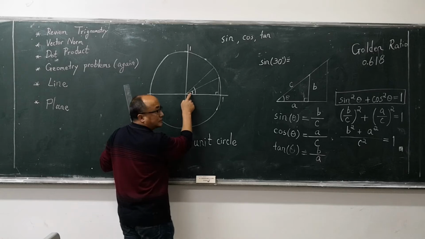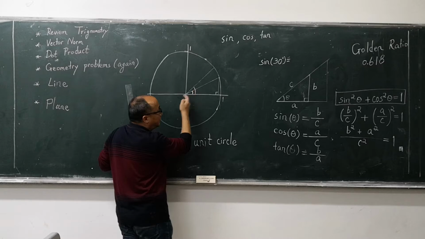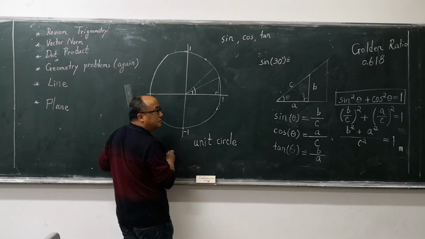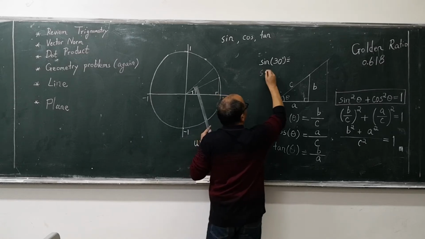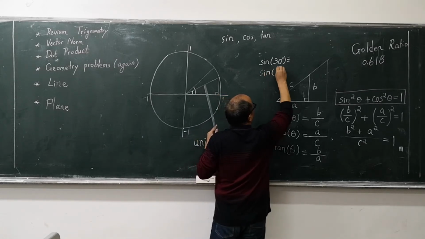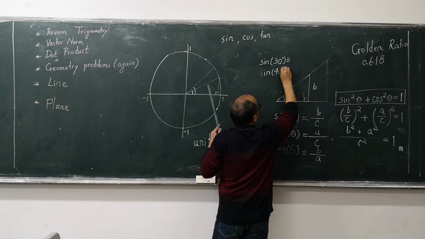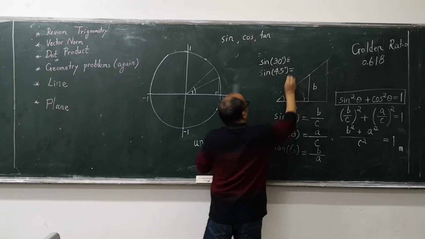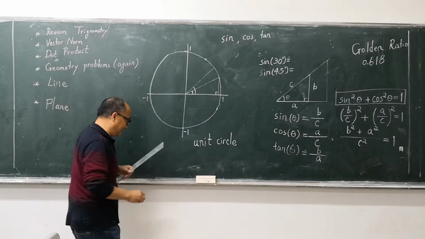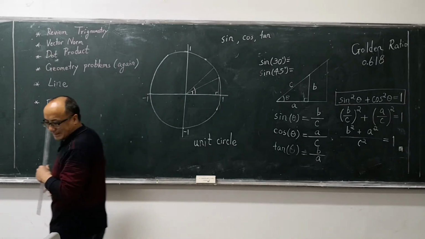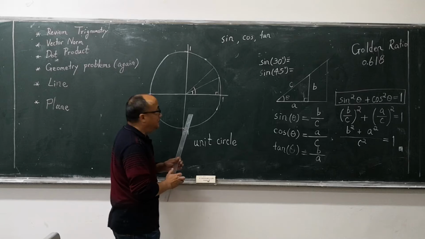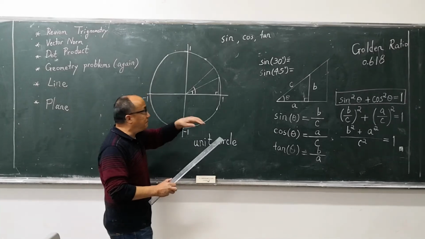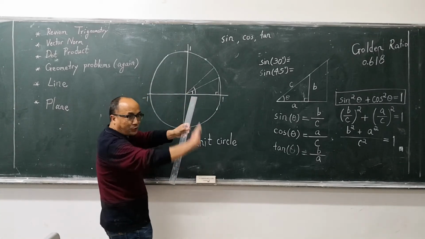If this is the theta, this one, the 45 degree, we call it beta, or we just write sine 45 degree. Where is this one? It's still the movie, the screen.